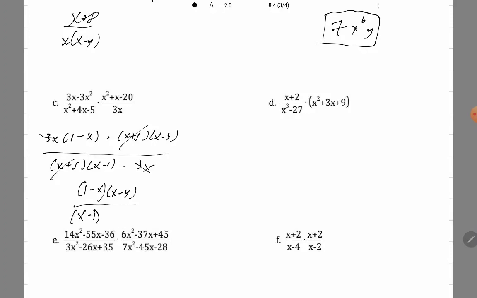So there's one more thing I can do. If you take a look, 1 minus x and x minus 1, they're very, very similar. And what I can do is pull out a negative 1 out of the top. So if I pull a negative 1 out, I'll get negative 1 times, in just the first parentheses here, so that'll become a positive x, and then it'll become a negative 1.